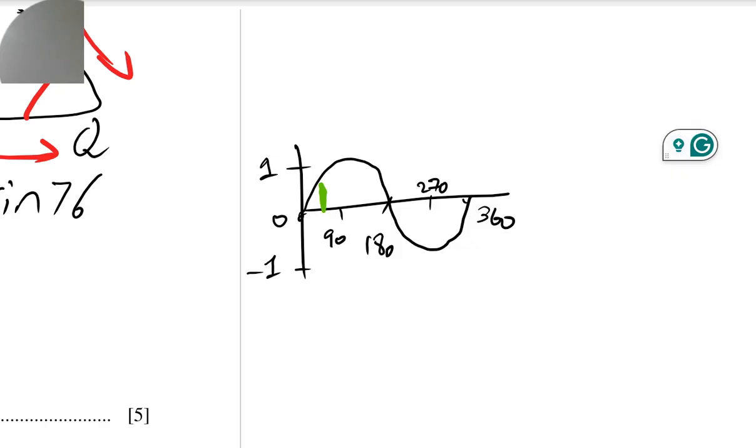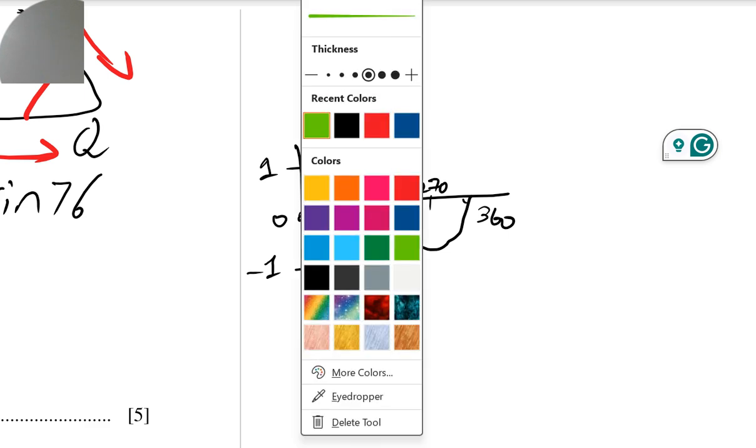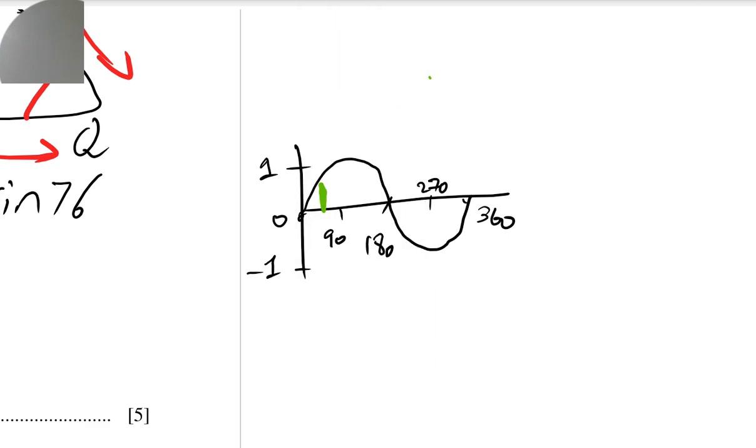So this sine is symmetrical about 90 degrees. So if this is the point, its symmetrical value would be somewhere here. In simple words, if you are taking some angle that is between 0 and 90, you can go backwards from 180 by the same amount.